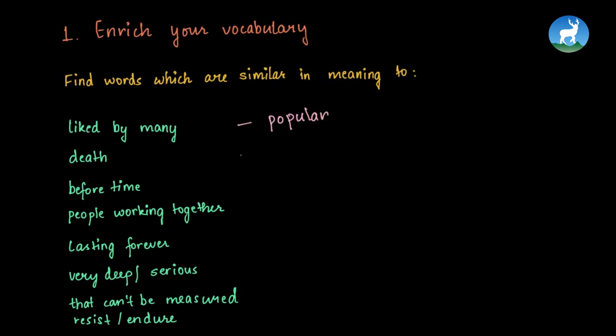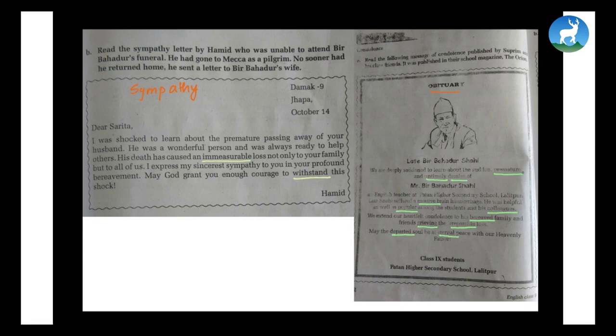Now the second question is death. Let's see a word that's similar in meaning to death. The first keyword premature and the second untimely means before time, and the third keyword demise certainly means death.